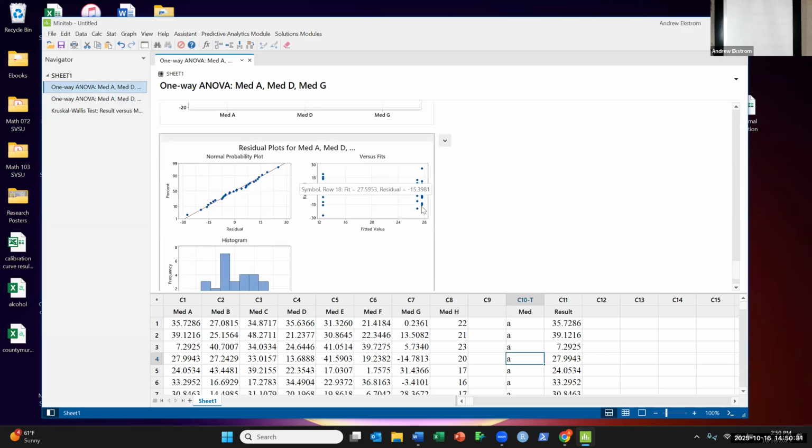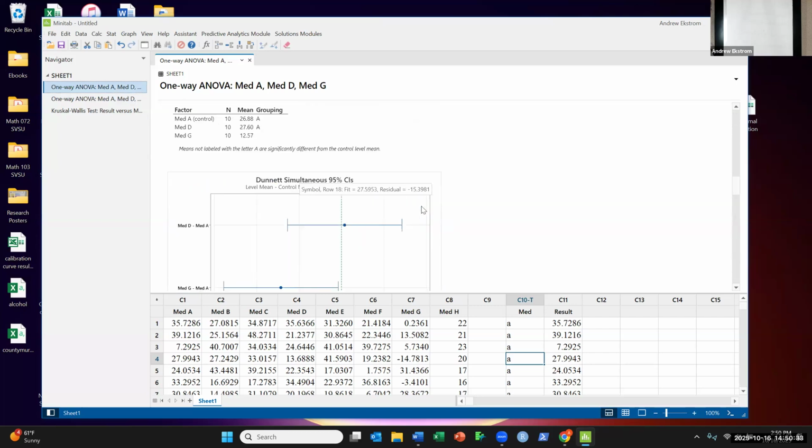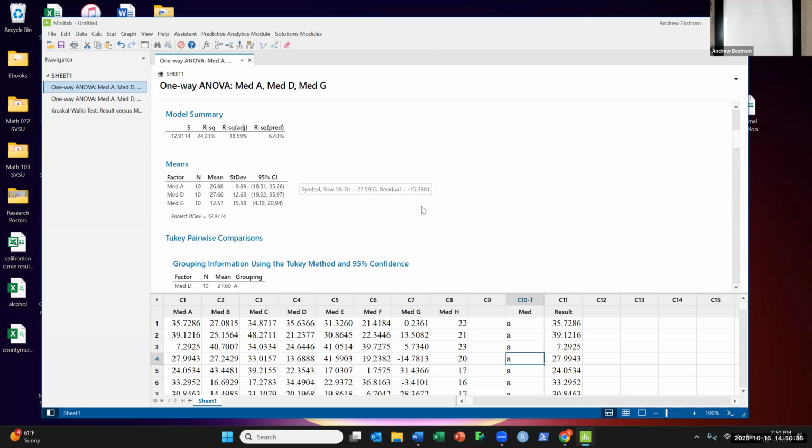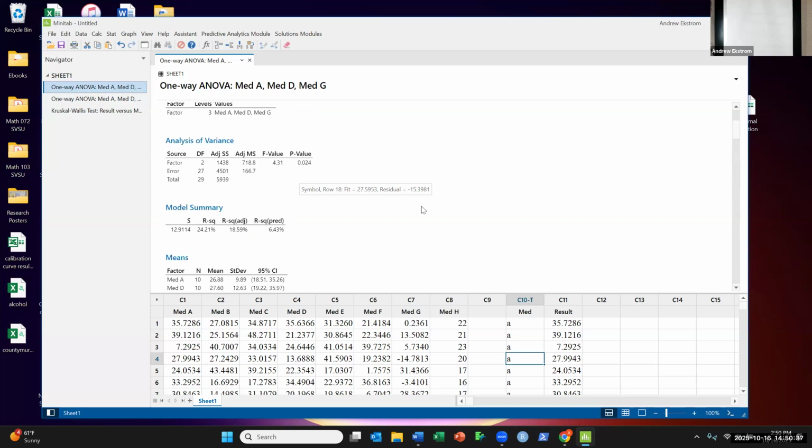Using the standard ANOVA, where we have that one extra assumption of equal variance, we find that magically there is a statistically significant difference between these groups. So which tests should we look at? What tests should we say are giving us the most valid results?